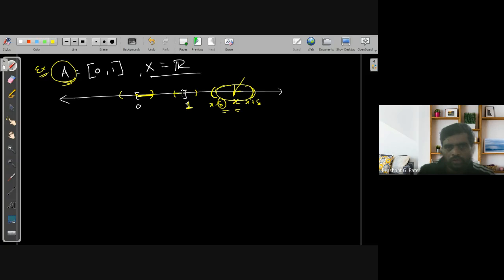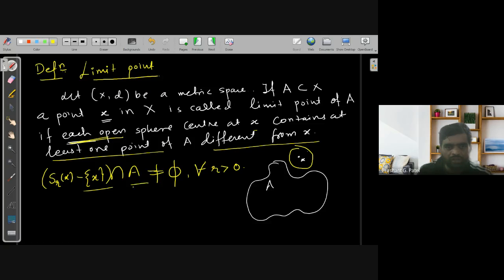So this is a limit point. Any point inside this interval, let's say x, if I draw any neighborhood of this, will any neighborhood have an intersection? You can pick any bigger interval, but this portion is always common in that. So at least one point will be there in the intersection.